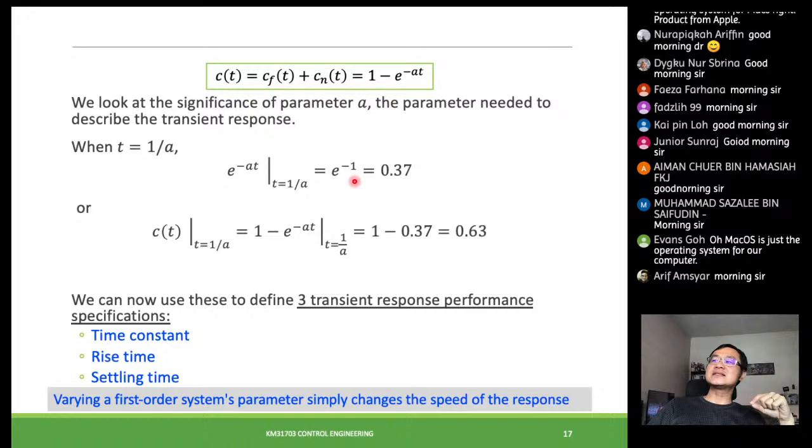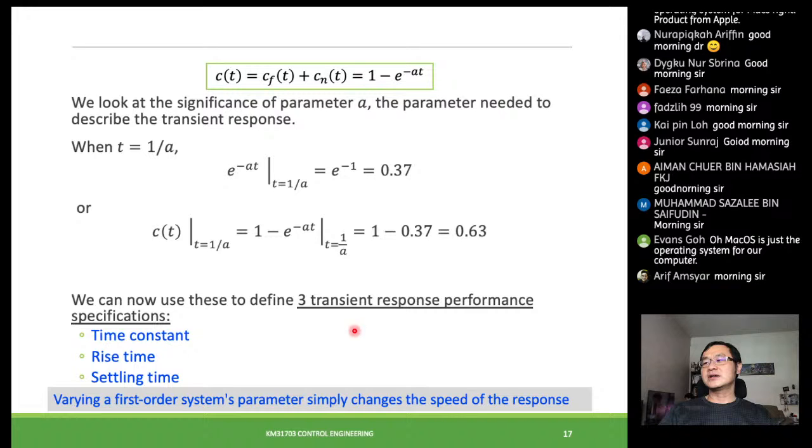Okay, so later on we will start to use all these basic characteristics of the equations to actually identify or define the transient response, how it responds, or to describe the specifications or the performance of this system. Okay, we would use 3 terms. The first one is the time constant, the second one is rise time, and the third one is settling time.